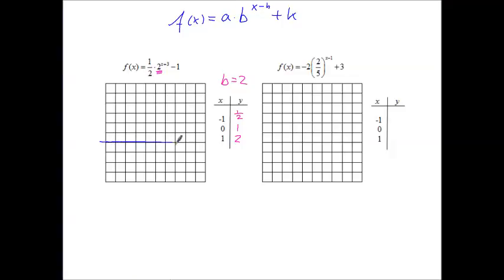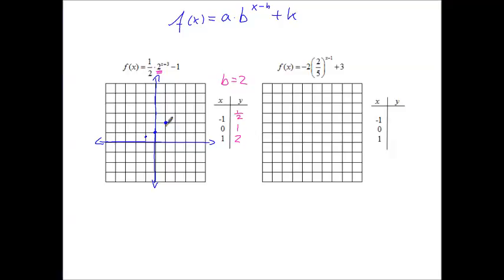And we're going to graph these points first and then take it from there step by step. -1, 1/2, 0, 1, 1, 2. Those would be the points if we only were concerned about our base.